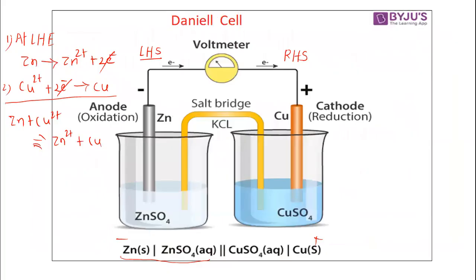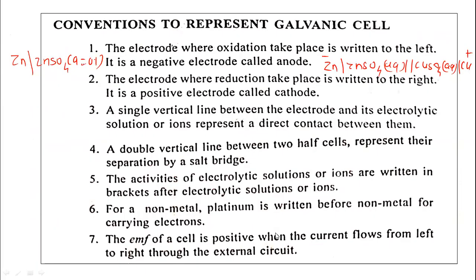So in the Daniell cell, oxidation takes place here because the zinc electrode has low reduction potential, and reduction takes place here at the copper electrode because the copper electrode has high reduction potential. So these are certain rules belonging to the representation of the galvanic cell.